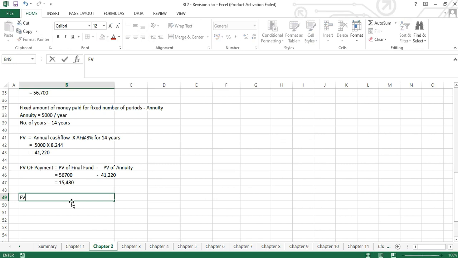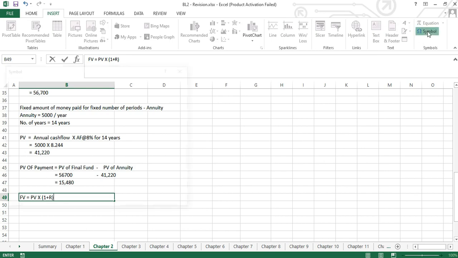So apply the future value formula, which is present value multiplied by 1 plus r to the power n, into 1 plus 8% to the power of how many years? 15 years.